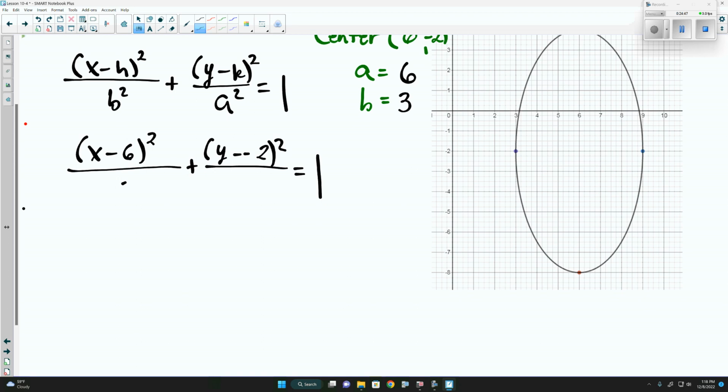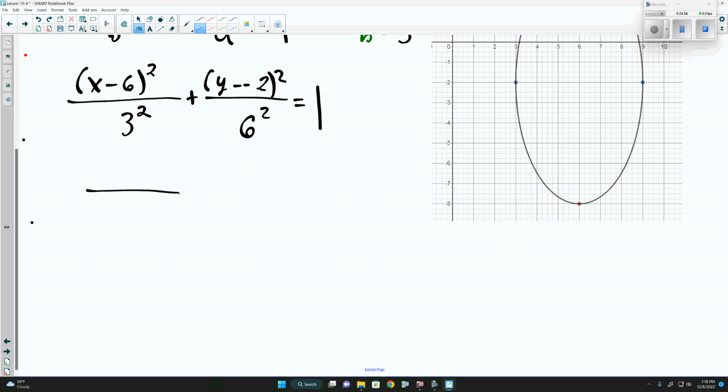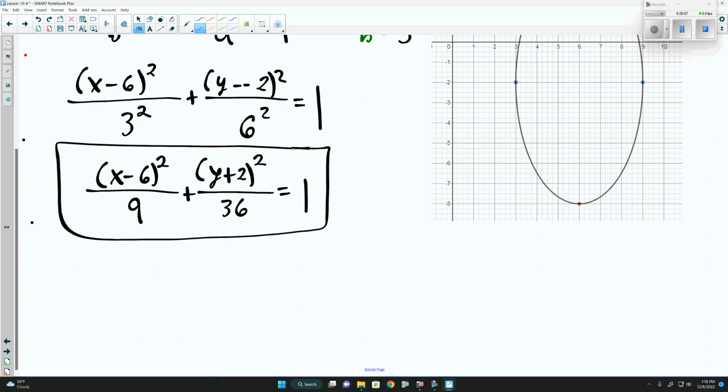Now we can plug them in. So we would have 3 squared, 6 squared, simplify. (x minus 6) squared over 9 plus (y plus 2) squared over 36 is equal to 1.